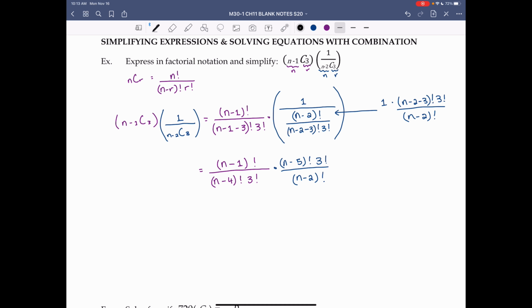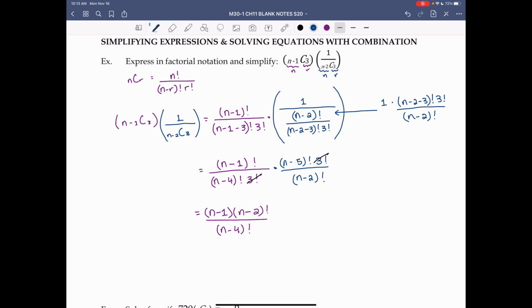We have a 3 factorial on top and a 3 factorial on bottom. Those can divide out. Then I can change n minus 1 factorial. I can write it as n minus 1 times n minus 2 factorial over n minus 4 factorial.